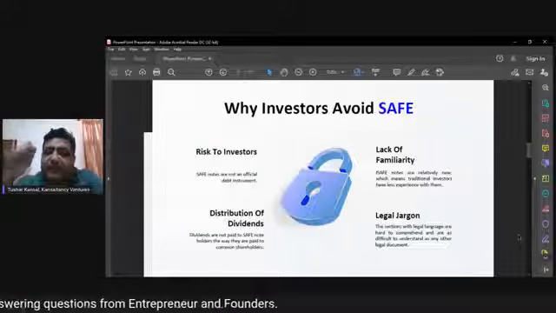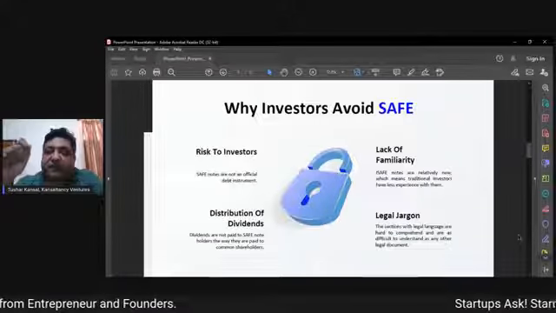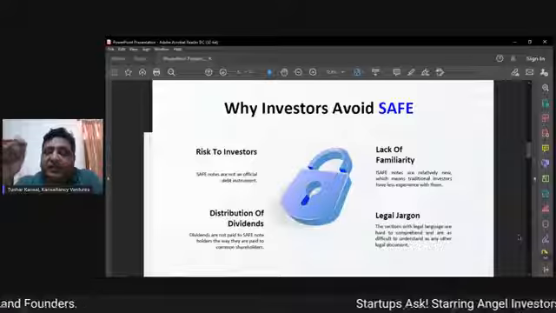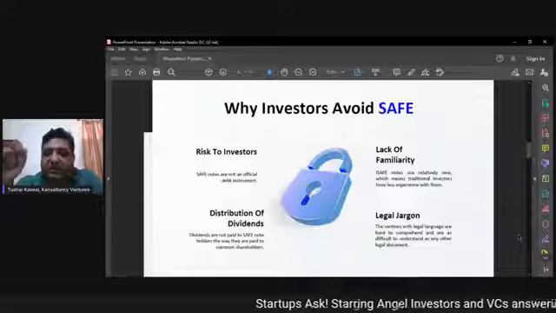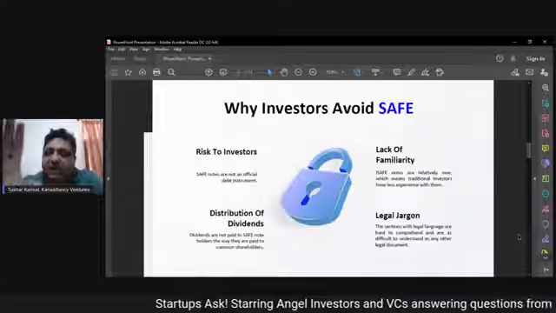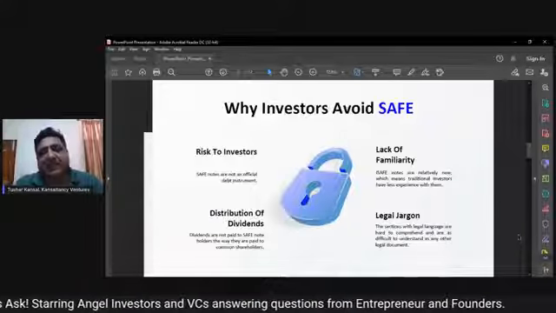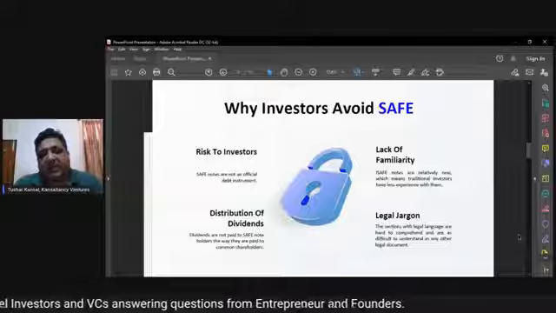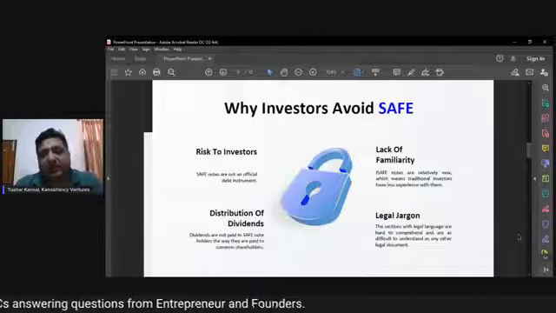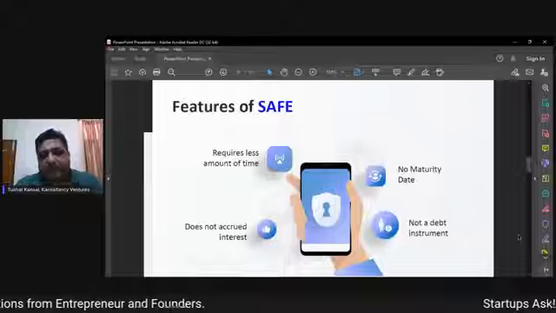Third, dividends are not paid to safe holders the way they are paid to common shareholders. Fourth, there are some legal jargons. So don't worry about legal jargons. They are fewer than in the common shareholder documents.